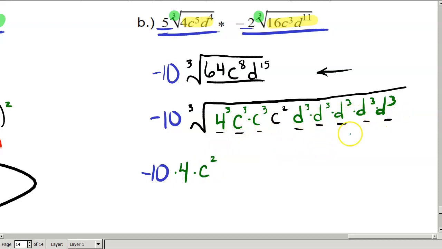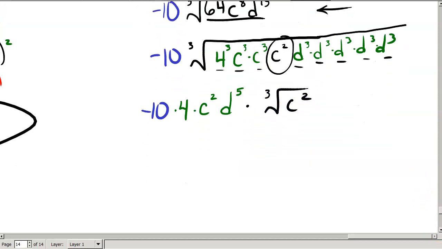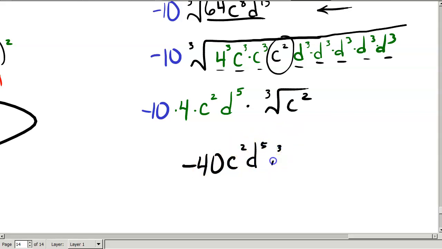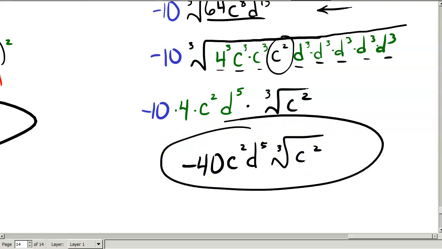And I have 1, 2, 3, 4, 5 d's that come out, so that'll be d to the 5th. And then what's left over? What's left over is just this c squared is the only thing that's left over there. So then I have times the cube root of c squared. So my final answer is -40 c squared d to the 5th times the cube root of c squared. That is all.